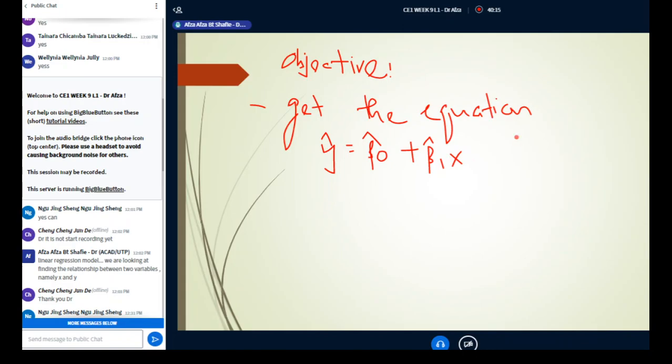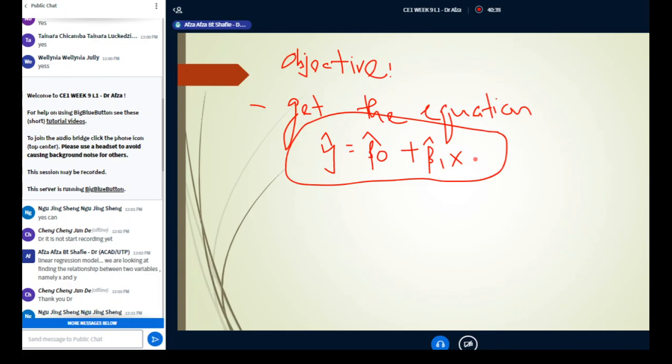So we think that this is the best equation that we get based on the data. But because we estimated the value of the beta naught and we estimated the value of the beta 1, the question now is, can we actually say this equation is good or not?